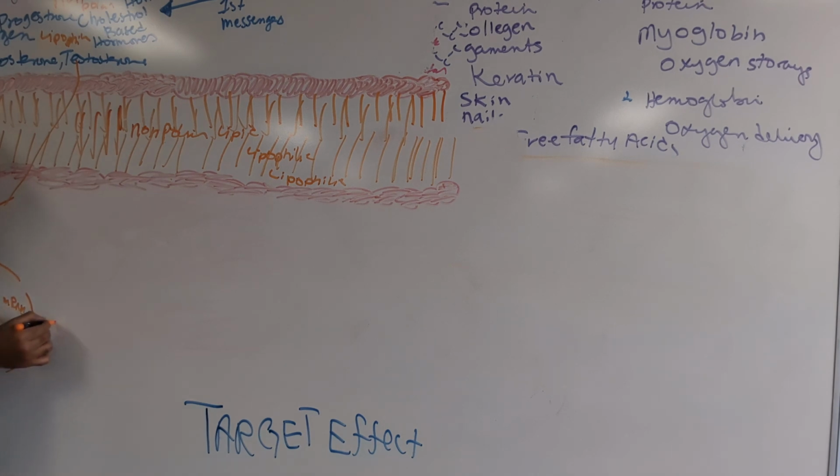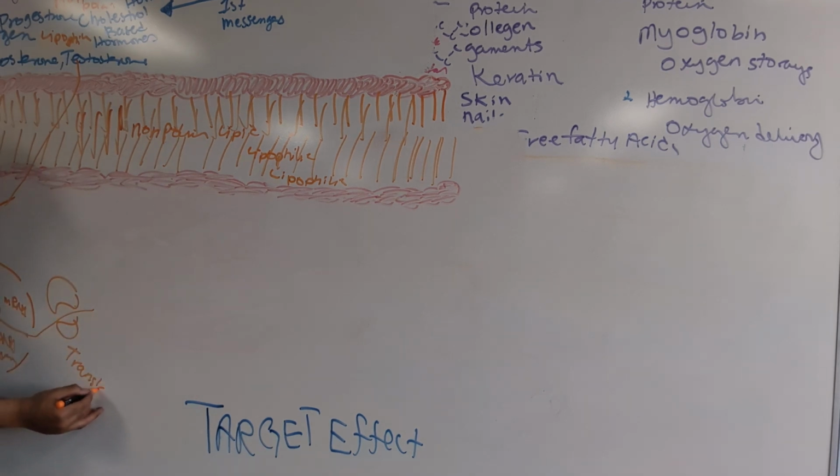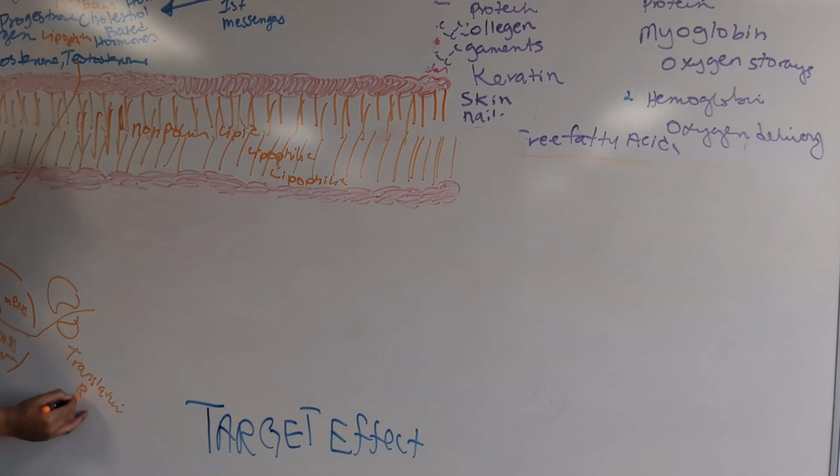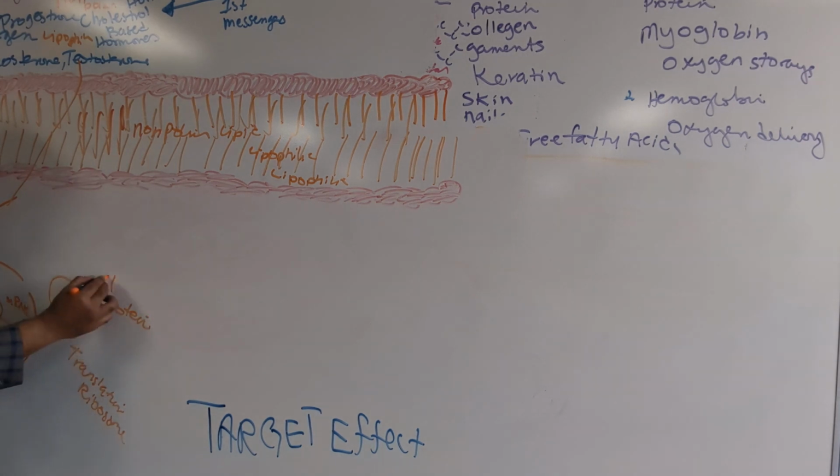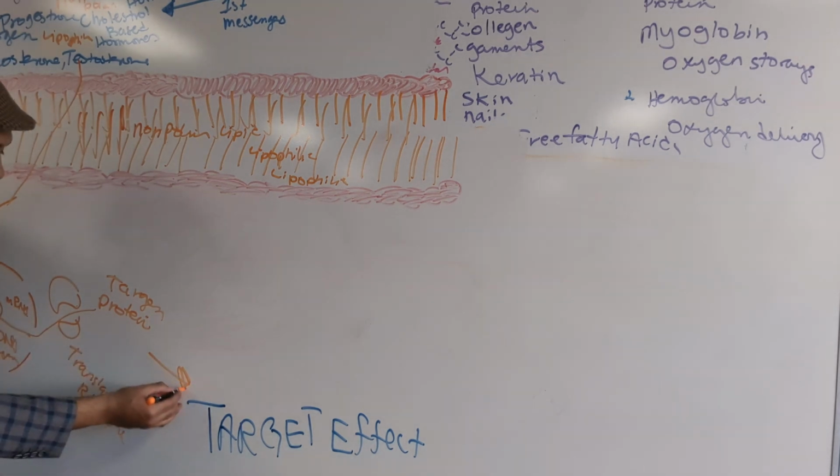Then mRNA is going to get out and get translated. Translation in the ribosome. And once it gets translated in the ribosome, it's going to give me my target protein, and my target protein is going to give me my target effect.